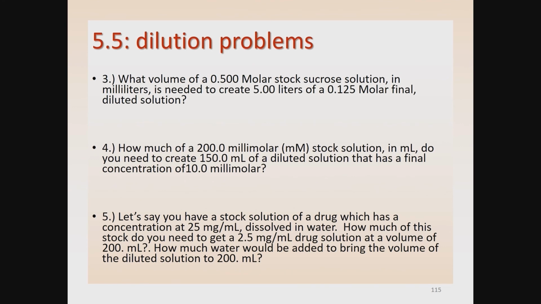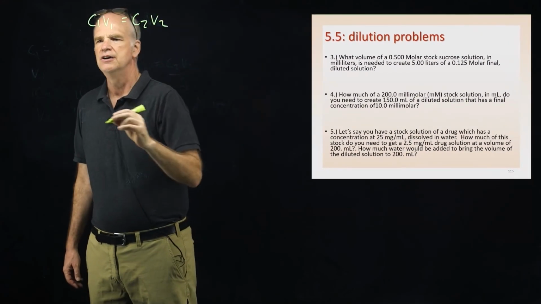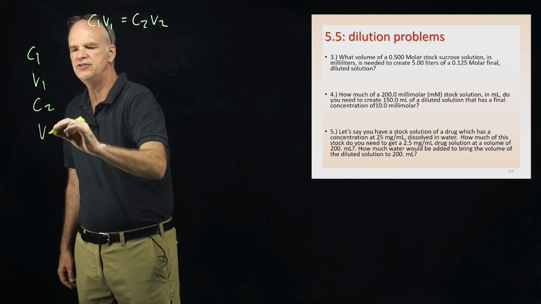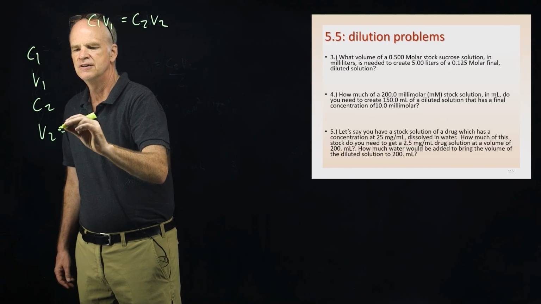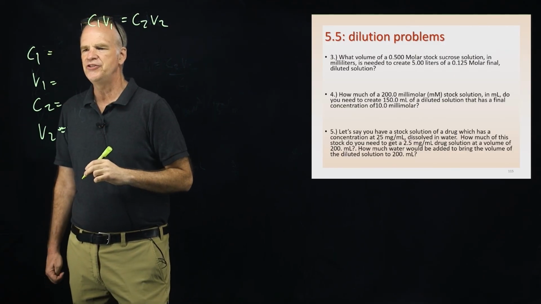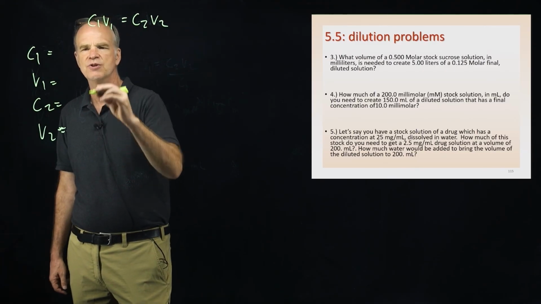So again, this is a time where we're going from a stock solution to a diluted solution, so we need C1V1 equals C2V2. Assign variables. Okay. So let's see, we have a stock solution of a drug at a concentration of 25 mg per ml.